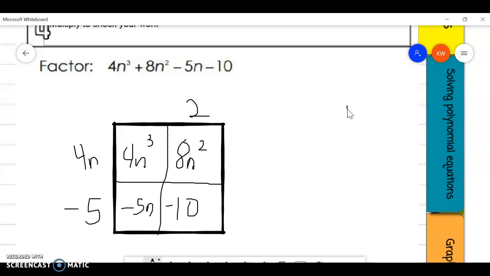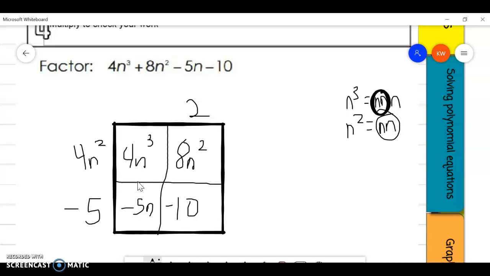If it helps, just go to the side, break up what n to the third and n squared both are. So n to the third, that's n, n, and n. N to the second power, that's n and n. Now if you're looking to see what they both have in common, they both got these 2 n's. So that means that this will be a 4n to the second power, 4n squared.